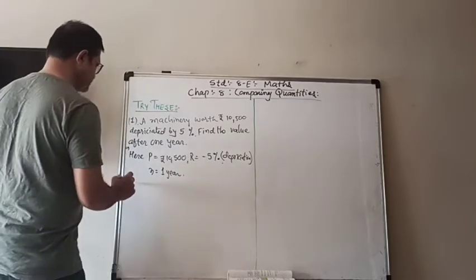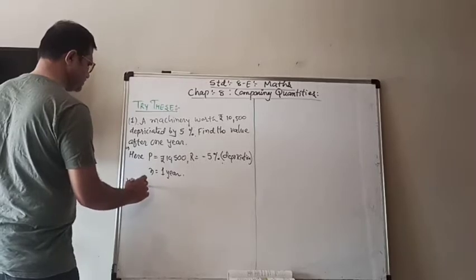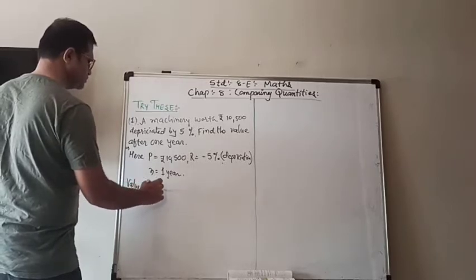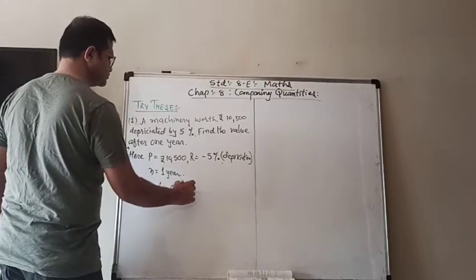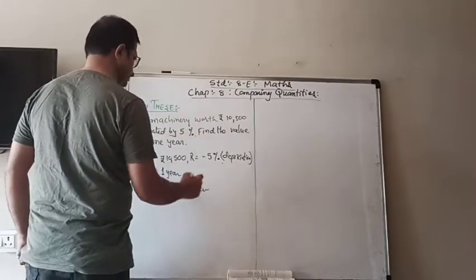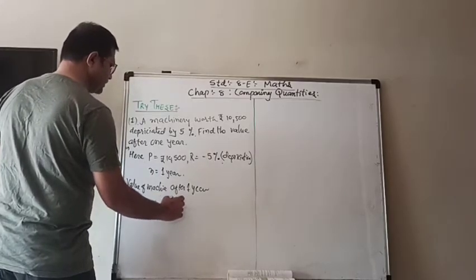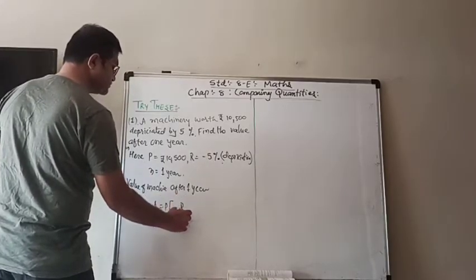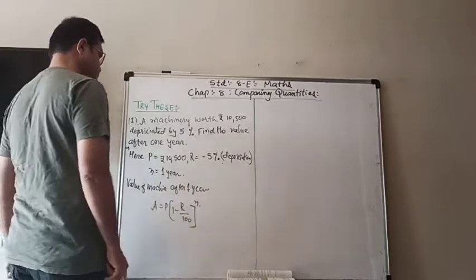So now, value of machine after 1 year. A is equal to P into bracket 1 minus R upon 100 raised to n.